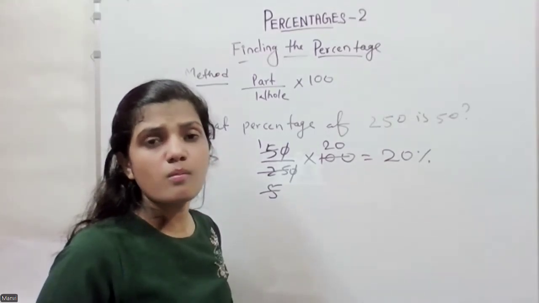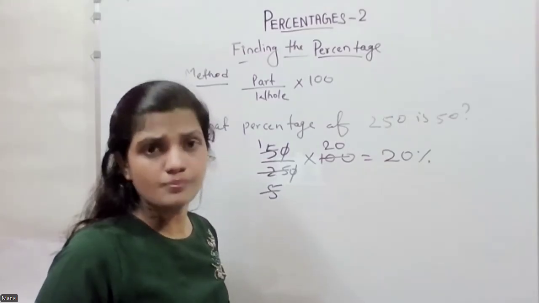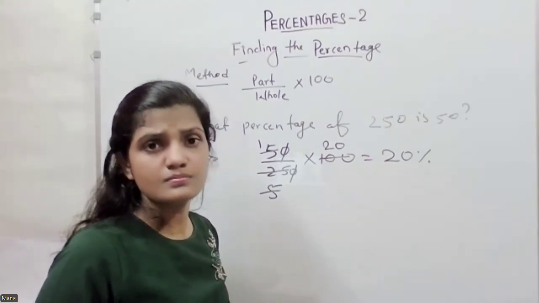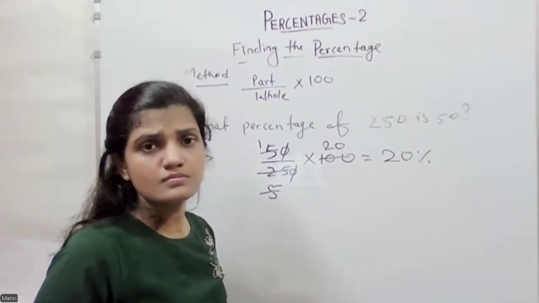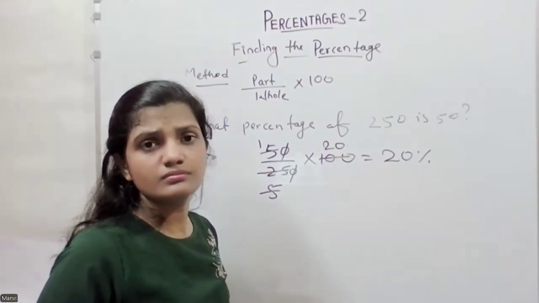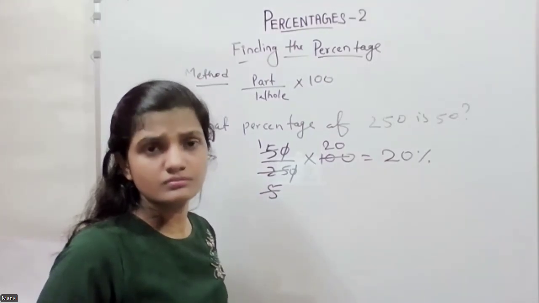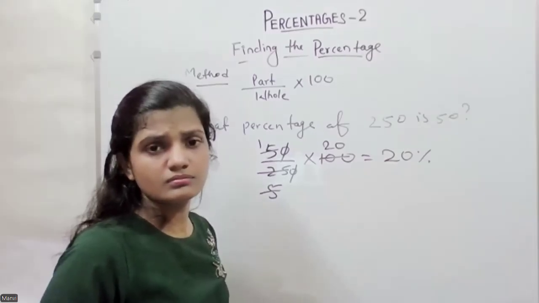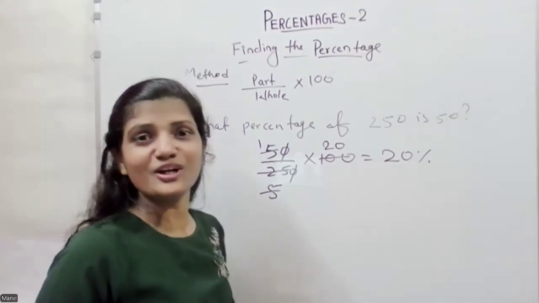So what I did is 50 by 250 times 100. So I counted the zeros, 100 and 0 from 50 and 250. And then I did 25 divided by 5, which would give me 5. But then I thought 25 times 5, which gave me 125. What are you doing?